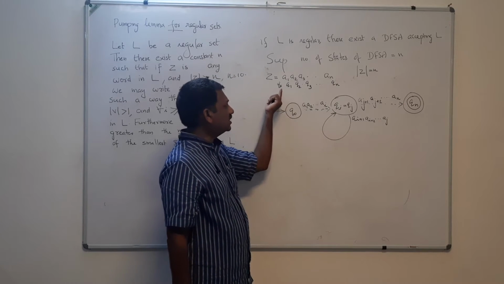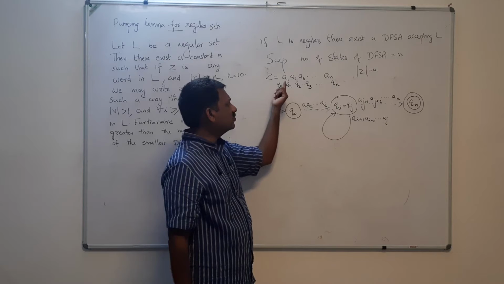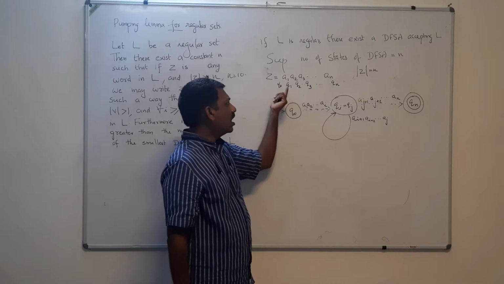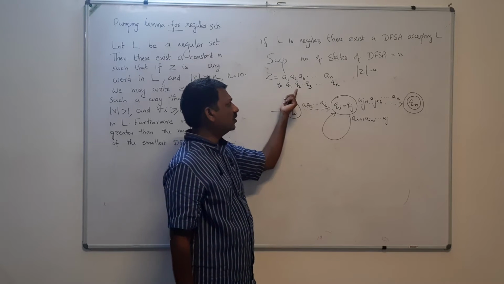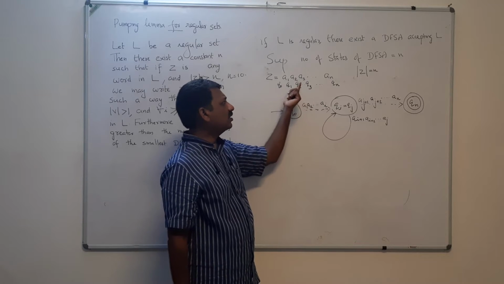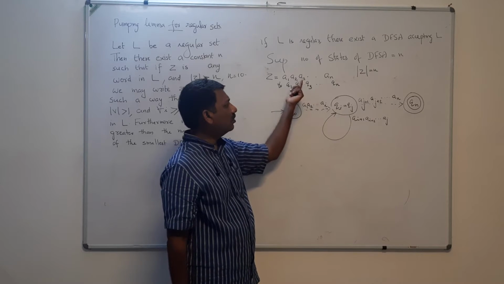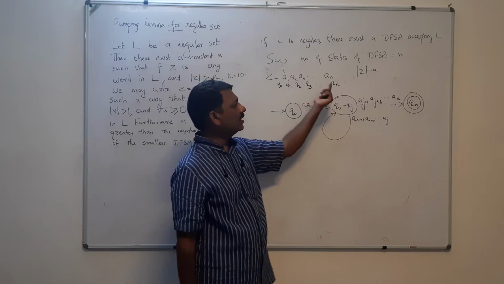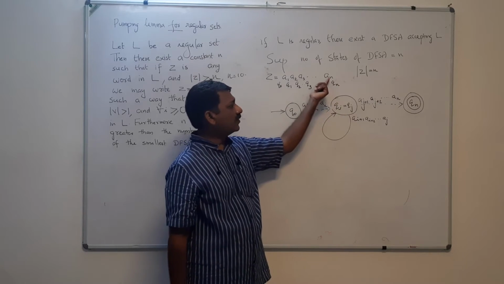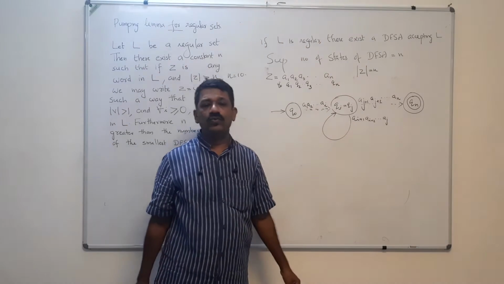Initially, the start state is Q0, and Q0 on accepting A1 moves to Q1, and Q1 on accepting A2 moves to state Q2. Q2 on accepting A3 moves to Q3, and likewise, after accepting An it reaches the state Qn.